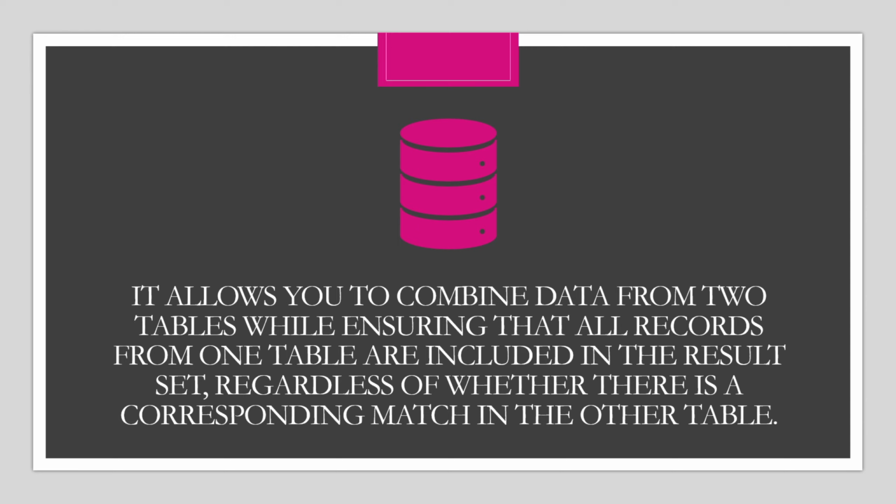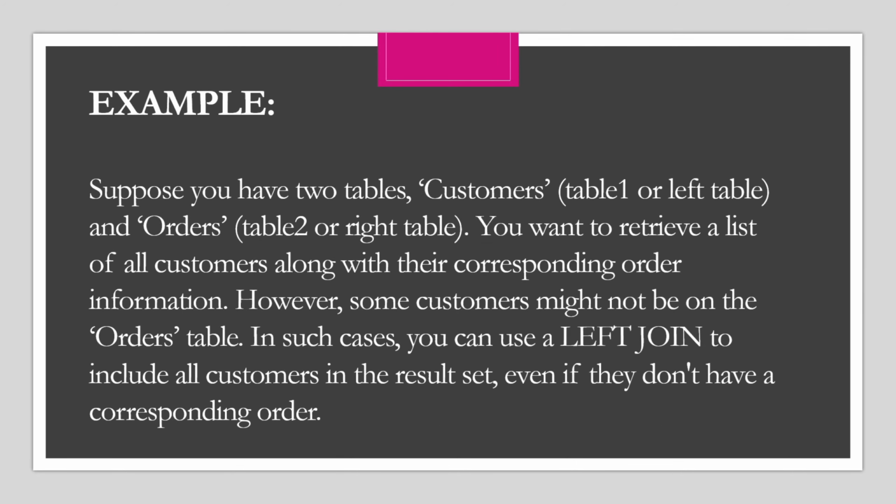This approach facilitates comprehensive analysis by retaining all relevant information from the primary table, even if there are no associated records in the secondary table. In this example, in the left join between the customers and orders tables, all rows from the customers table are included in the result set, regardless of whether there is a matching row in the orders table.